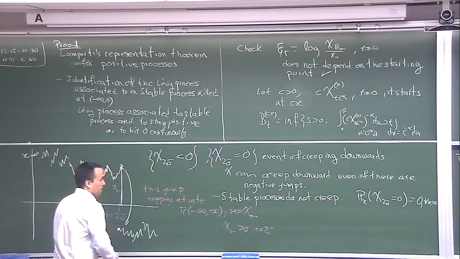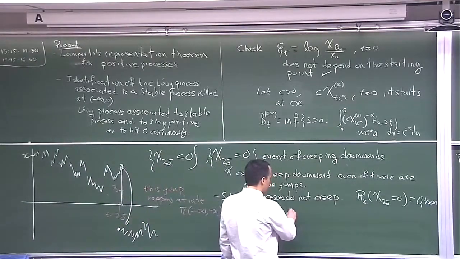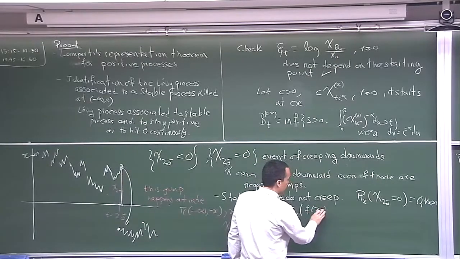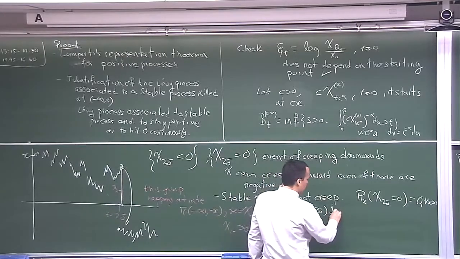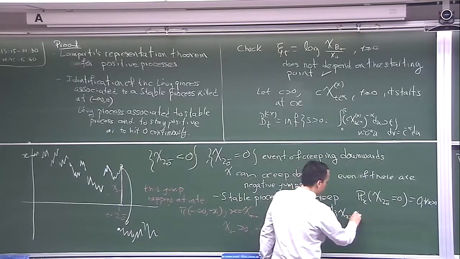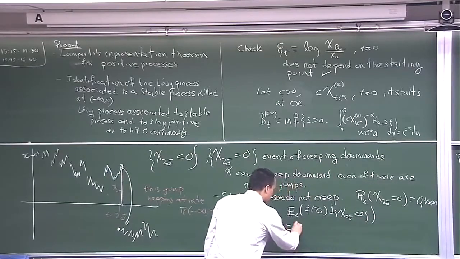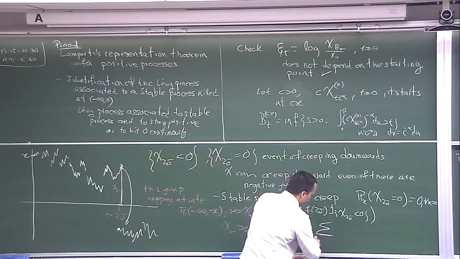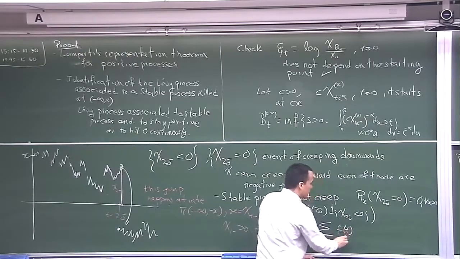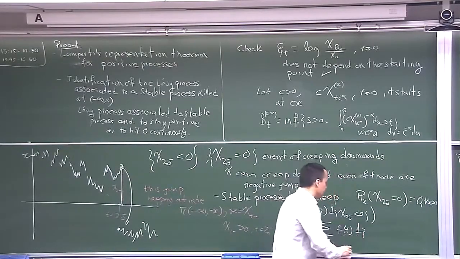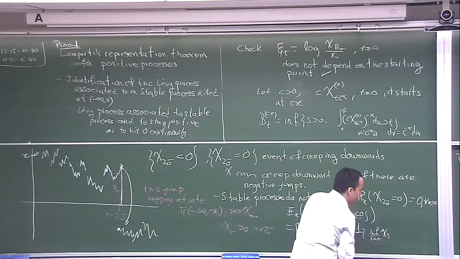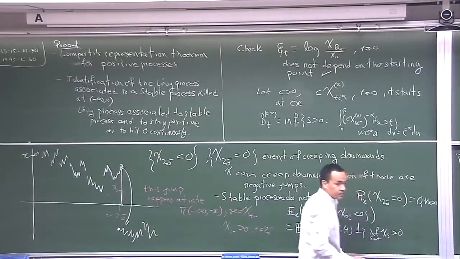Okay. How do I get that expression? So this is f tau 0 minus, indicator x tau 0 minus is strictly smaller than 0. So this is equal to the expected value starting from x of the sum when t is positive of f t indicator the infimum of x s for s strictly smaller than t is bigger than 0.